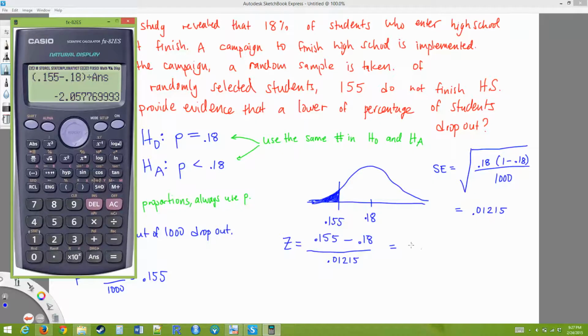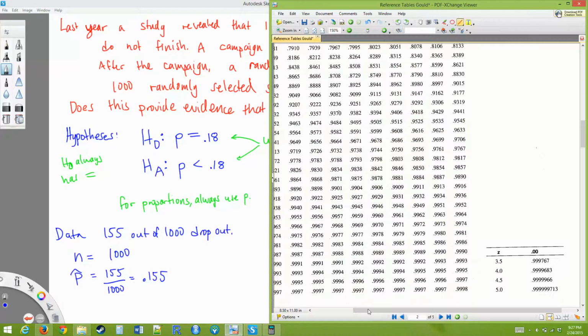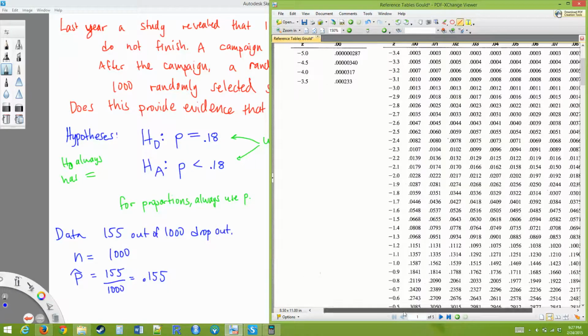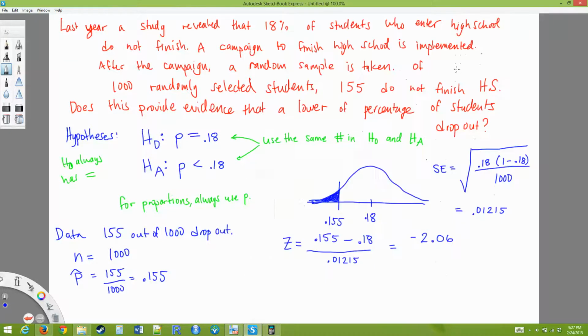I get a z-score of negative 2.06. I'm going to look this up in the z table. Look up negative 2.06, and I get 0.0197. When I look this up in the table, the area is 0.0197.